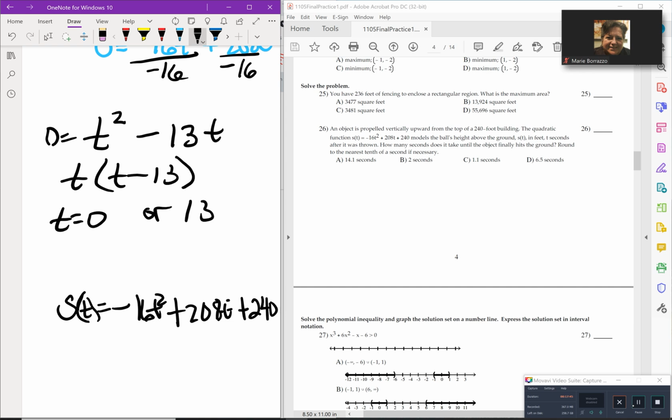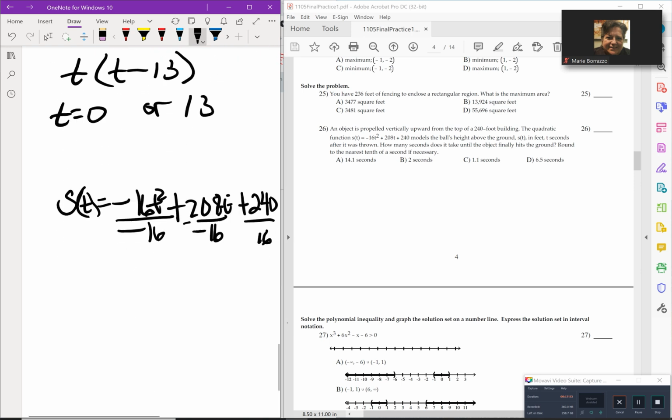If you were to divide by negative 16 on all three terms, you would probably get the exact answer. So let's try it that way. This is going to give you positive t squared minus 13t, and we're going to take that 240 and divide it by 16, so you get negative 15.